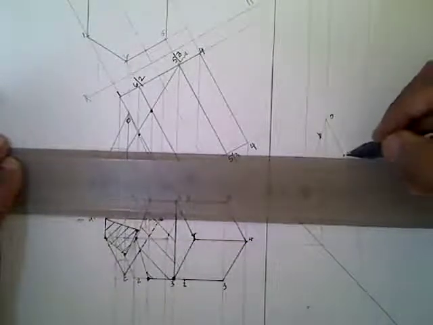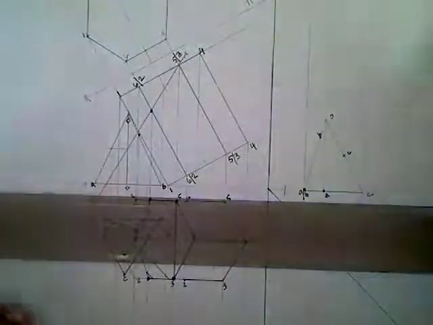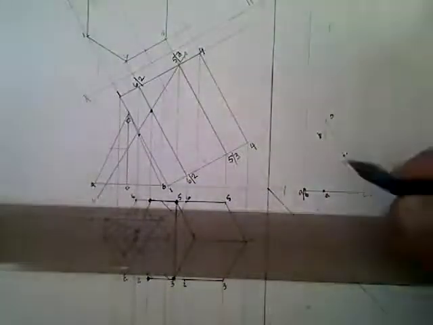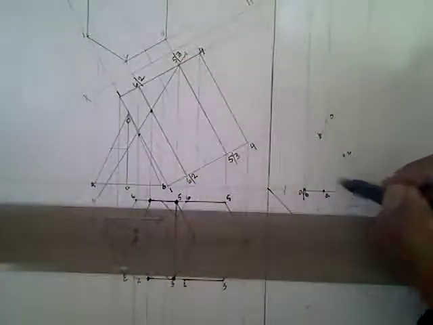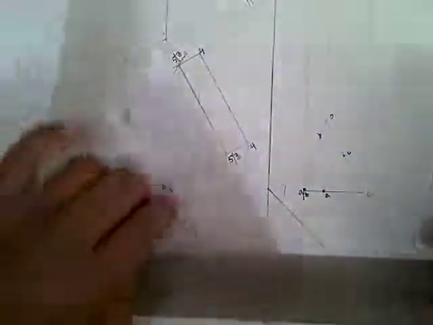The cut into A is that one. So the bottom line will be like this. You will have that joining there, there, and there. You will have that cut. So let us join and see.